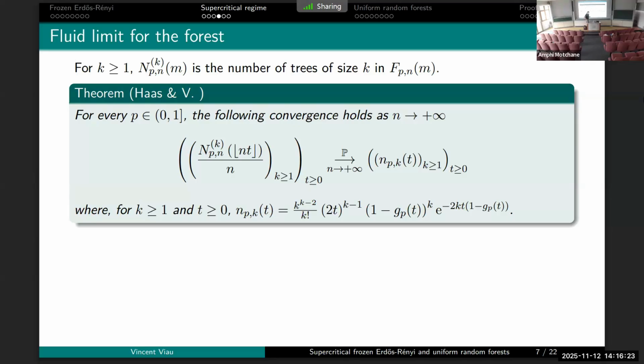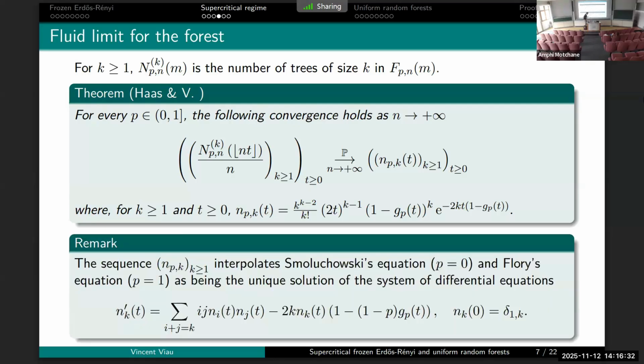But maybe more interesting than their concrete expressions, the interesting fact about these functions is that they verify a system of differential equations.